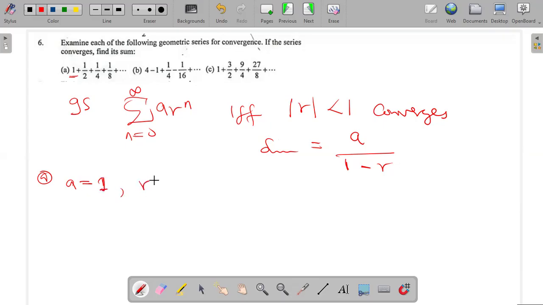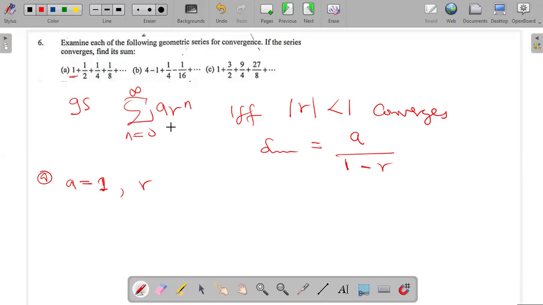Then our common ratio. The common ratio is what each term has in common, from the first term to the next one. You see that the ratio which is common is 1 over 2.